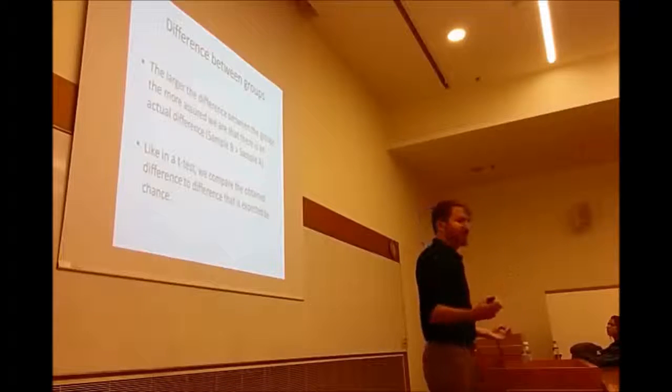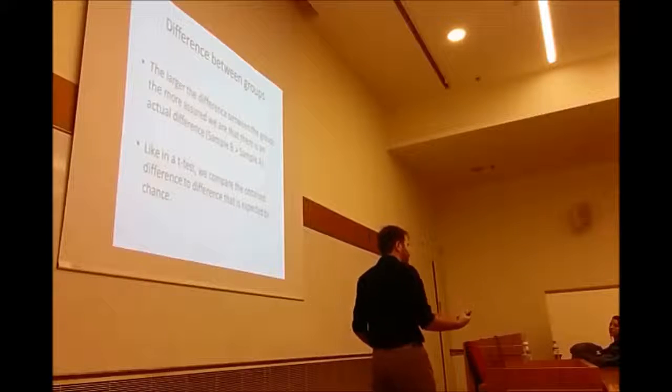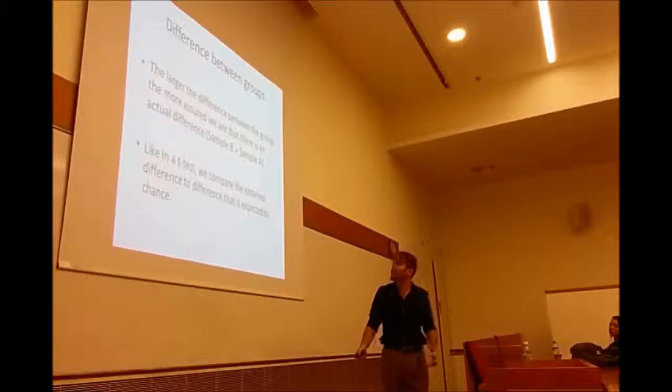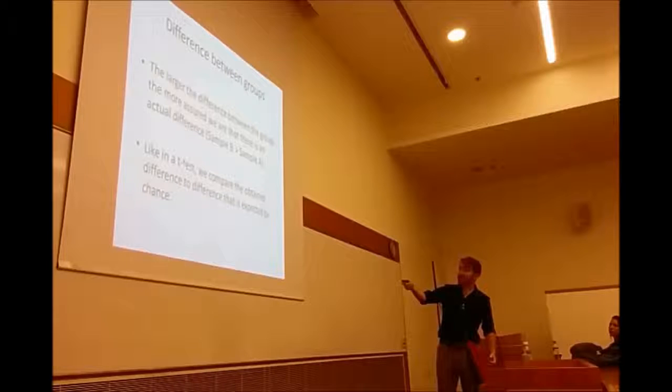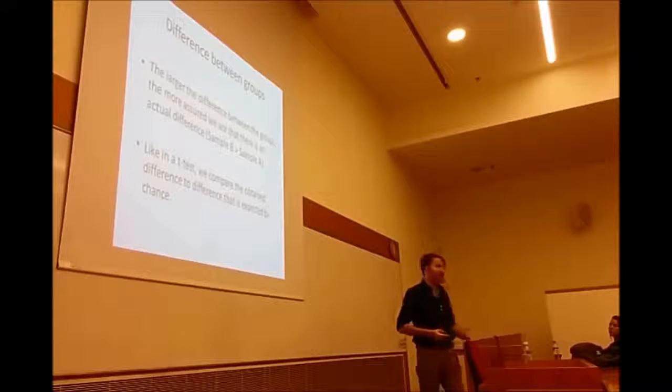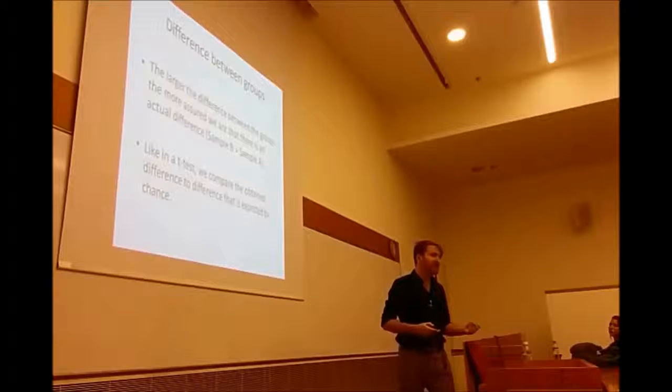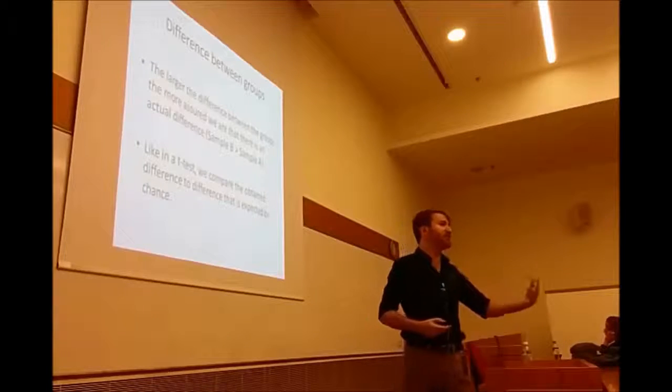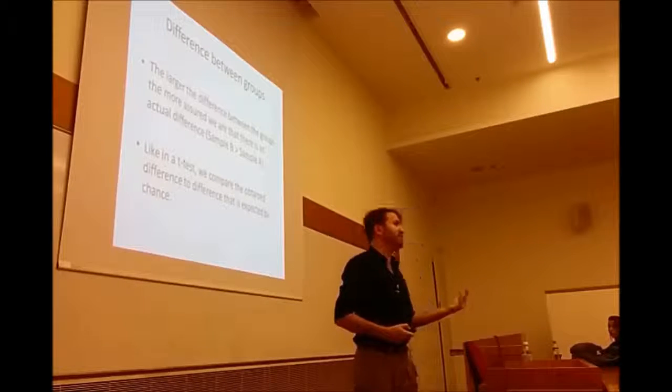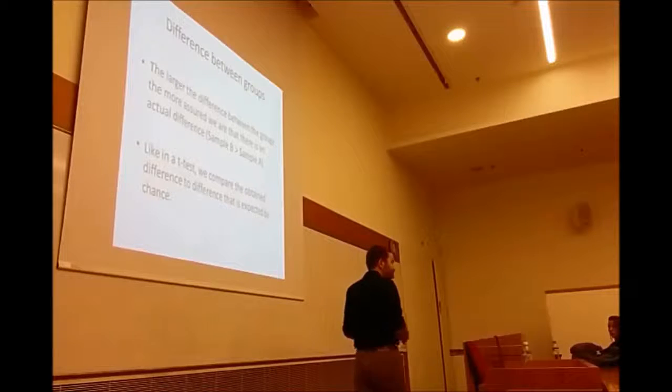Because they're so much taller on average than the regular population. Like in a t-test, we compare the obtained difference to the difference that is expected by chance. So we got an intuition about what's the obtained difference. Now let's get an intuition about what's the difference that is expected by chance.